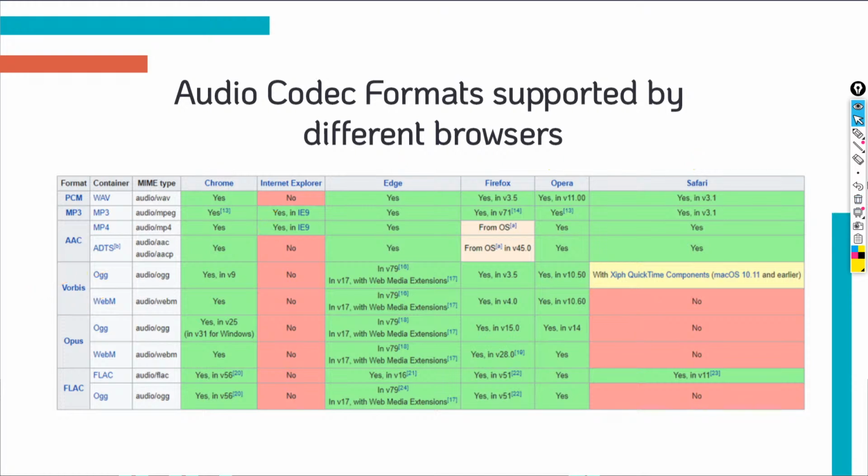These are changing, so when you're seeing this, you may have a different table, because it's constantly evolving, right? Different browsers may support different features. If you're seeing this video after 2 months or 6 months, maybe Safari would also give you support for WebM and OGG.